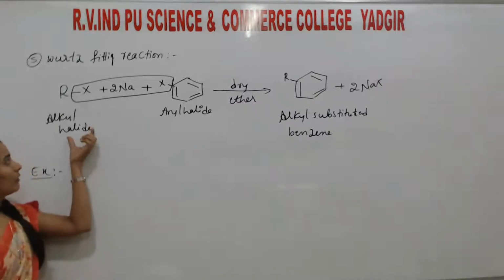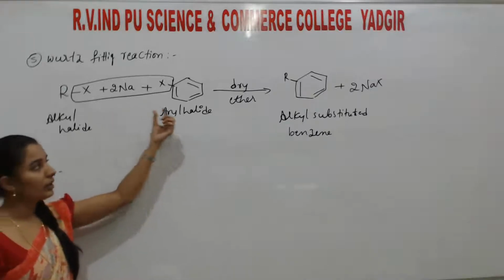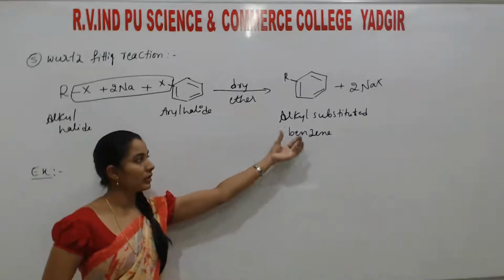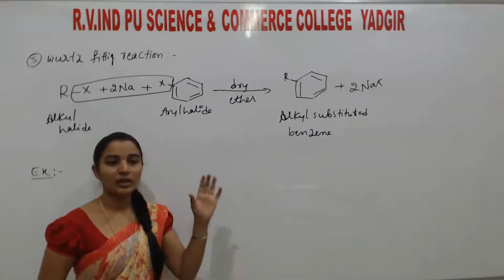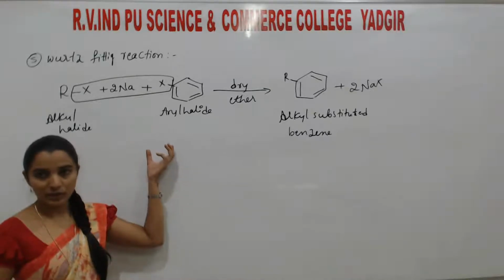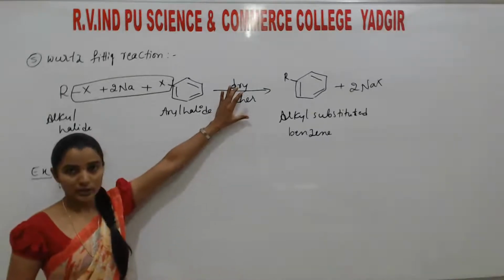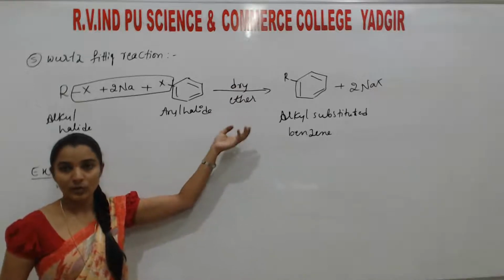So you may say one alkyl halide and aryl halide react with sodium metal in the presence of dry ether to give alkyl substituted benzene. This is the way to write the explanation. It means the reactants have reacted with each other. So this is the condition, in the presence of what, at which temperature, whether the temperature is given or not.